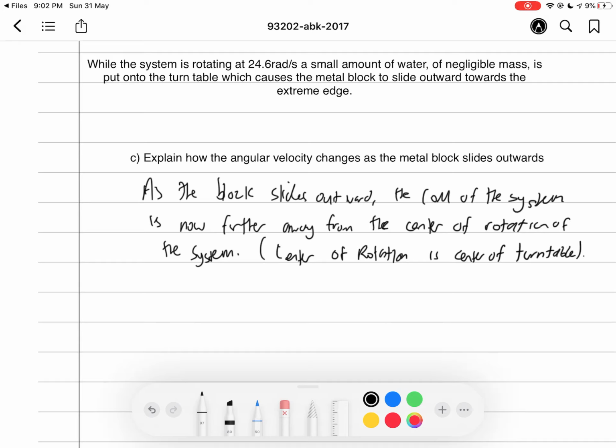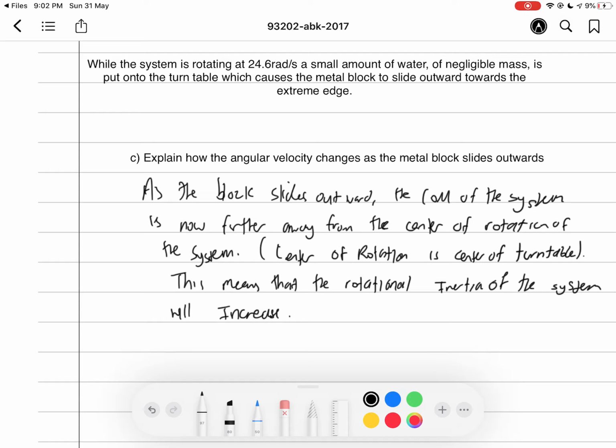Alright, so we can say that this means that the rotational inertia of the system will increase.